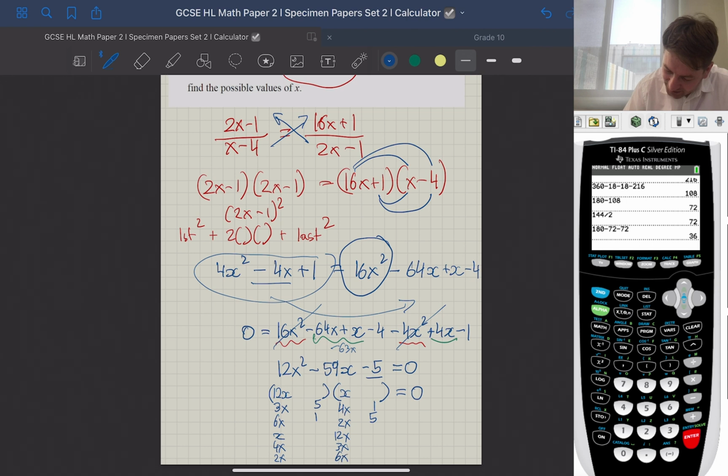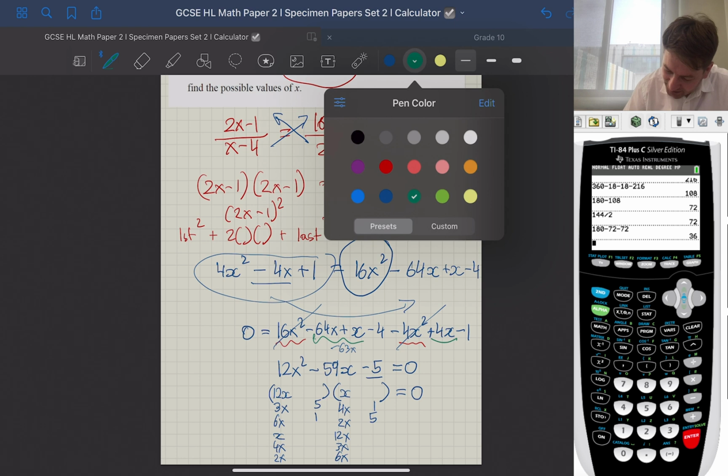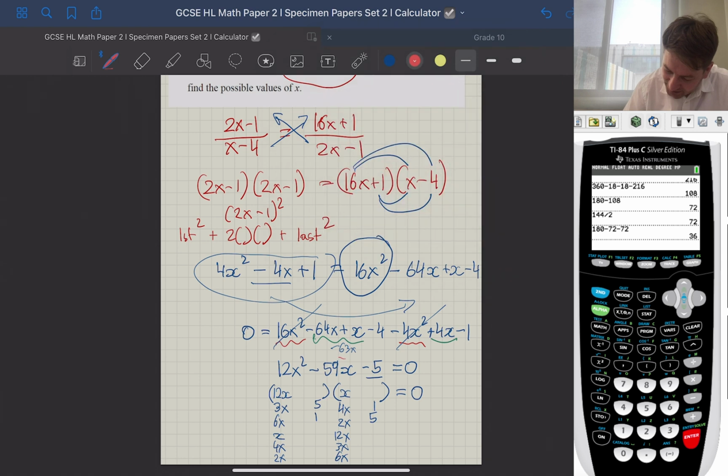So now the most important part is to be aware of how we create this value. We create it by multiplying this term with this term and this term with this term. So that's what we're going to check.